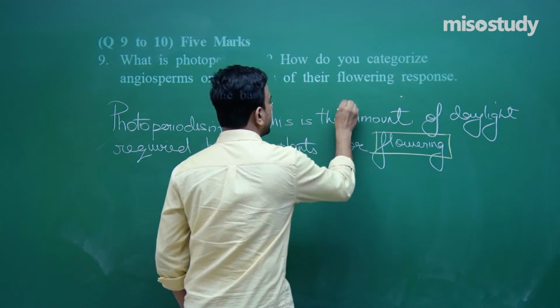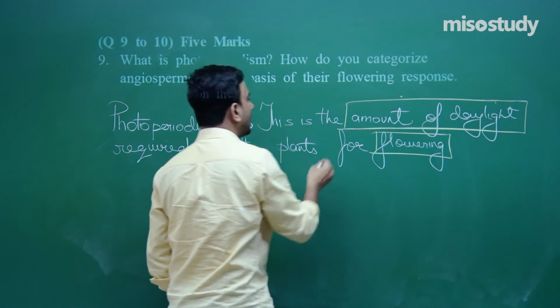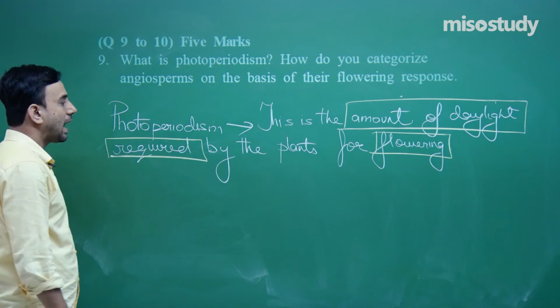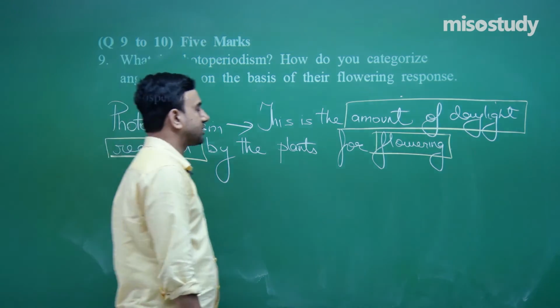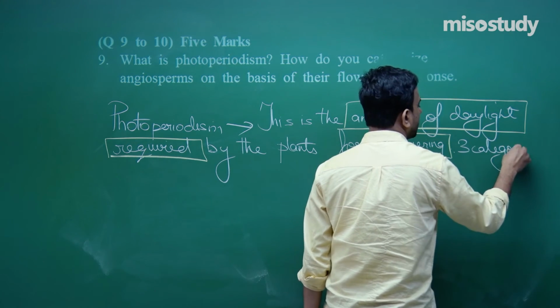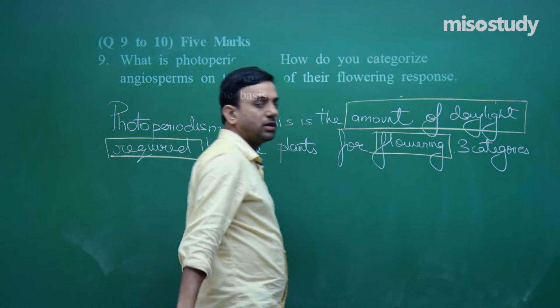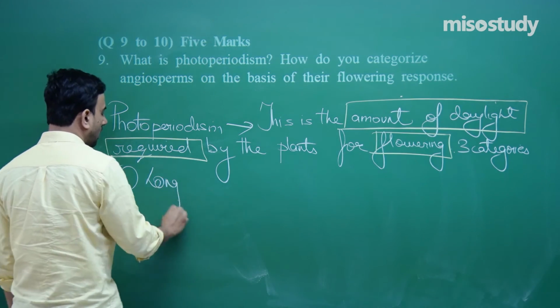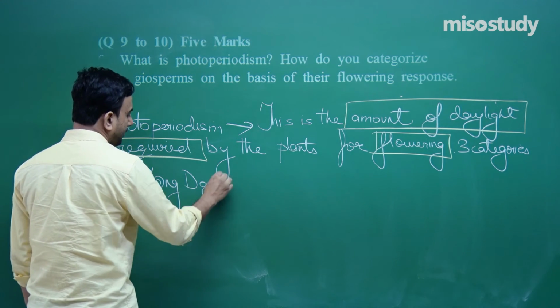In this there are three categories of plants. Number one is the long day plants.